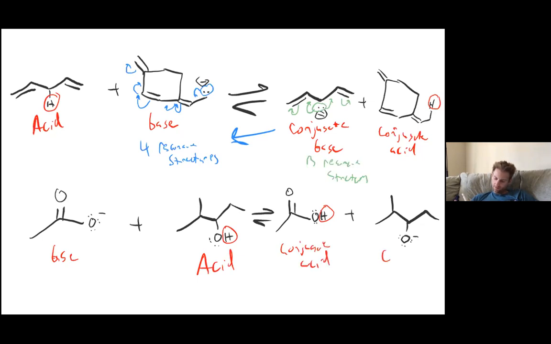Conjugate base. The acid currently has no resonance structures. If we're looking just at the left, the base has 1 resonance structure. So that's the one that should be more stable. So this reaction will favor going also to the left here.